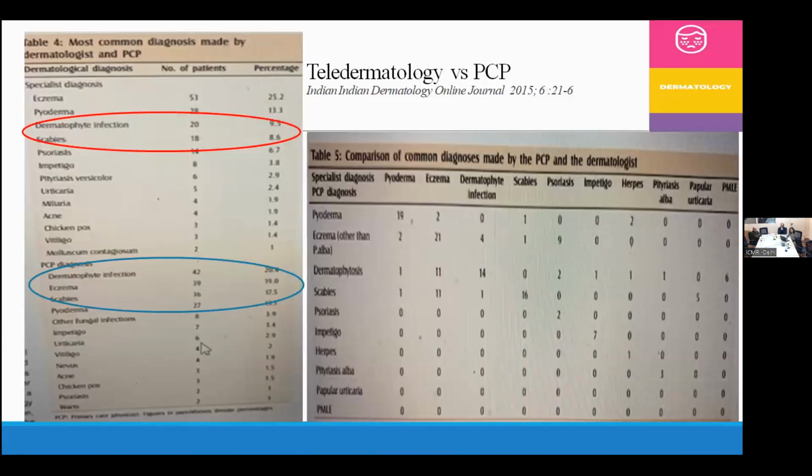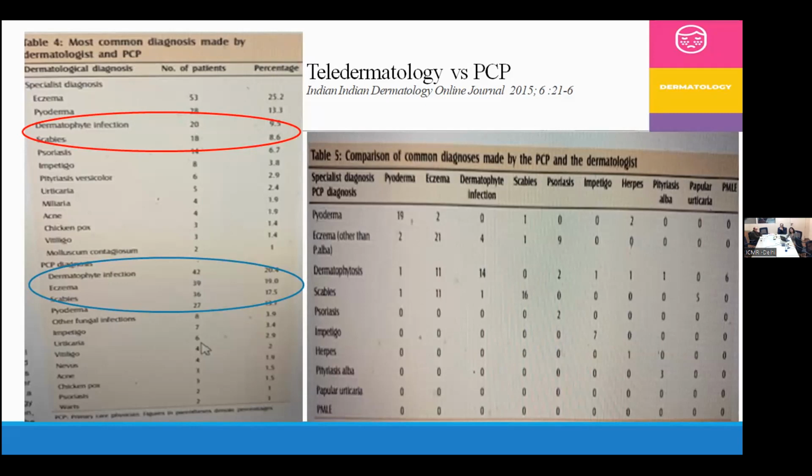This was another study done at PGI Chandigarh. So here it is very interesting that the diagnostic concordance between the primary care physician and the teledermatologist was 56%. That means nearly 50% wrong diagnosis and inappropriate therapy. And it was paradoxically very high in dermatophyte and scabies because they overdiagnosed dermatophytes and scabies.